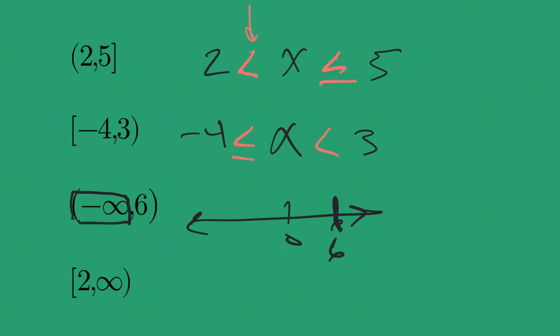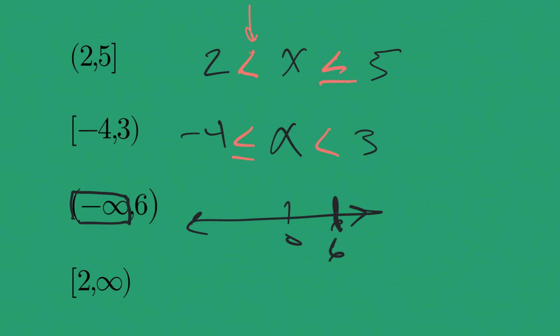Which way would you go on a number line to go in a negative direction? Left. So what negative infinity is telling us is that the solutions are going to go left forever, towards the negative side of the number line forever. Now, where is that coming from? Well, that's where this 6 comes into play.